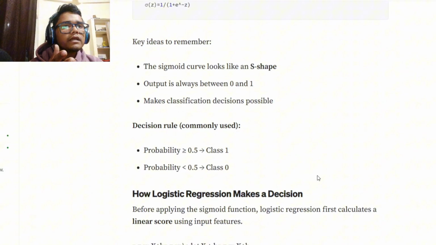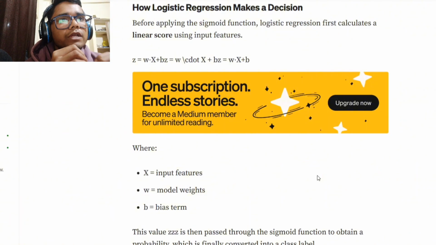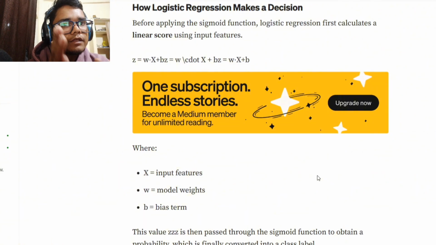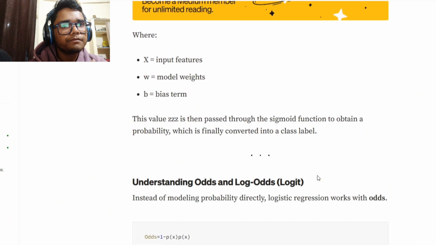Let's see how logistic regression makes a decision. Before applying the sigmoid function, logistic regression first calculates a linear score using input features. Let's see its equation: z equals w dot x plus b, where x is the input feature, w is the model weight, and b is the bias term.